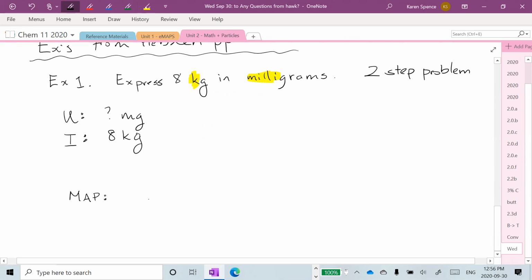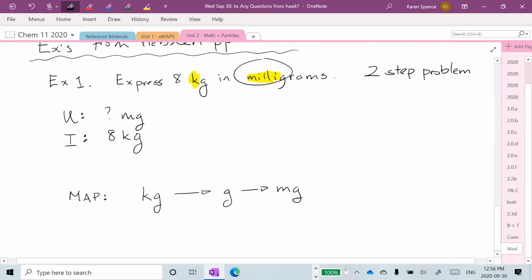Okay, when we map our problem, we need to go from kilograms. What will we convert into from kilograms? Type it in. Yeah, we're going to convert to plain old grams, and from grams, then we can go to what we finally wanted, milligrams.